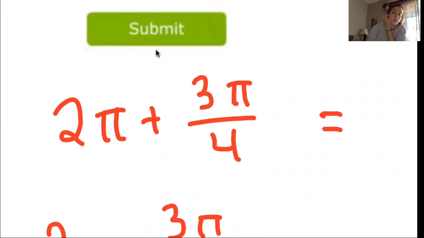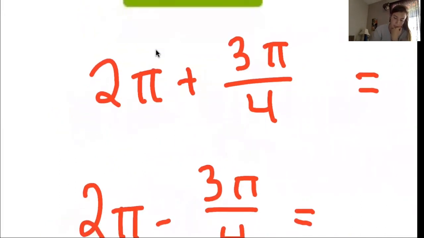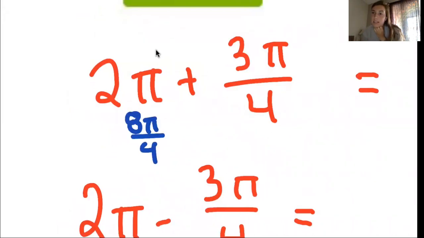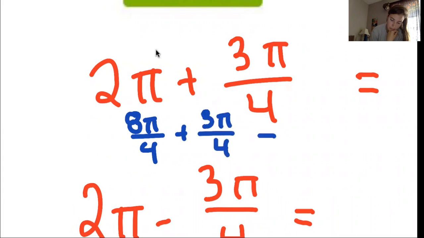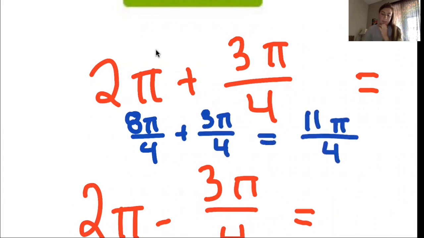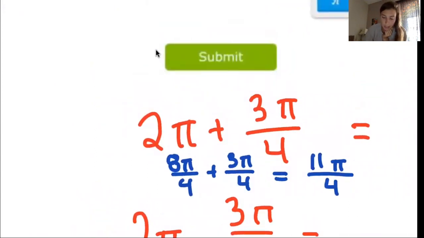To do this math, again, I need to have common denominators. So I'm going to do 8 pi over 4, because that is the same thing as 2 pi, and I'm going to add 3 pi over 4. And this equals 11 pi over 4. So a positive way of expressing it would be 11 pi over 4.